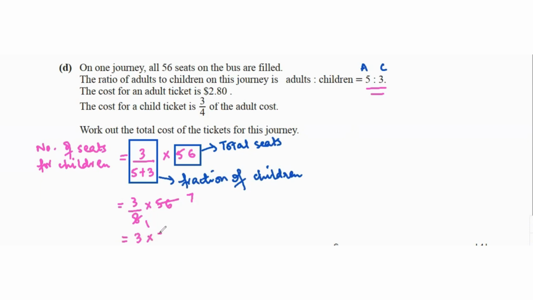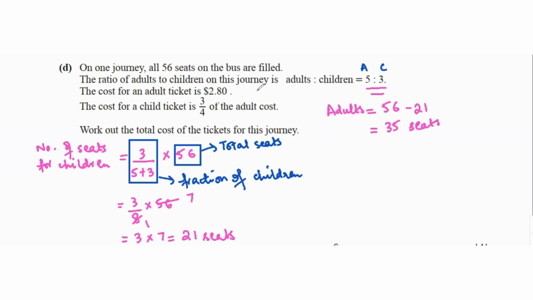So 3 times 7 is 21. So 21 seats are occupied by children, which means adults are going to be 56 minus 21. Just subtract the number of children from the total number of seats, and that is going to give us 35 seats.